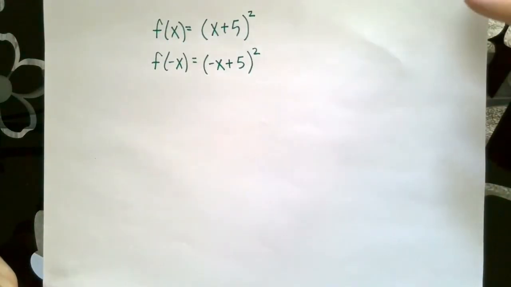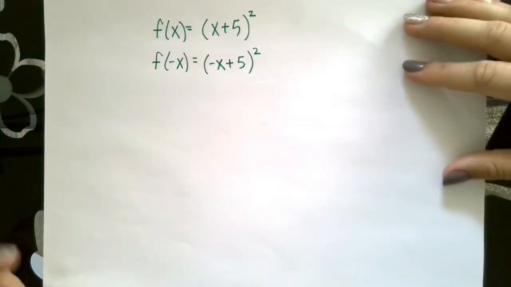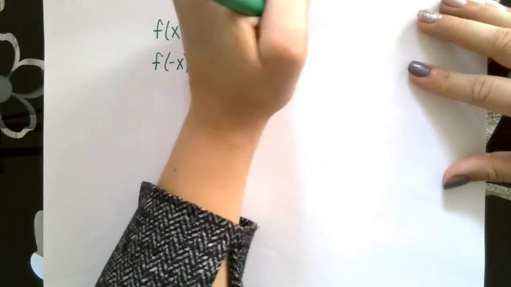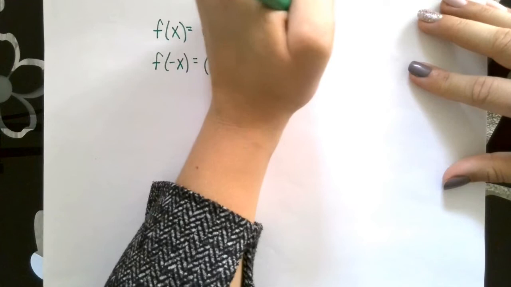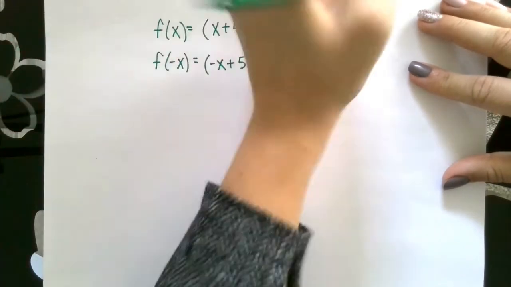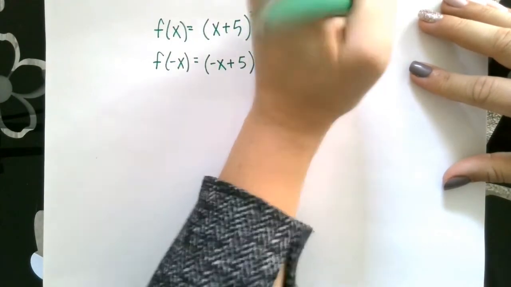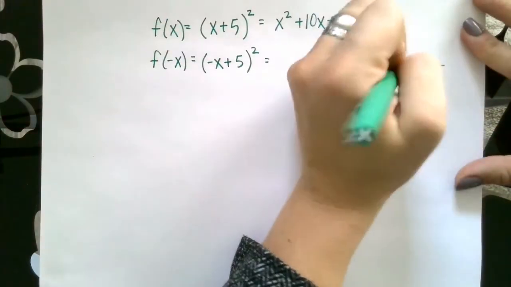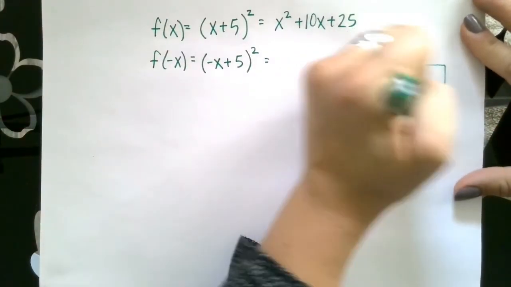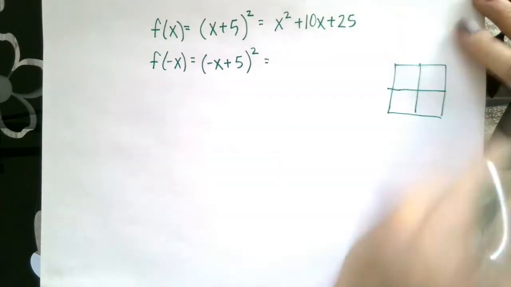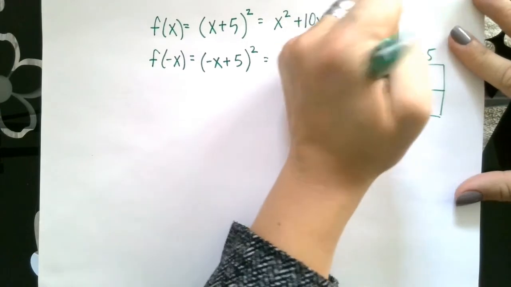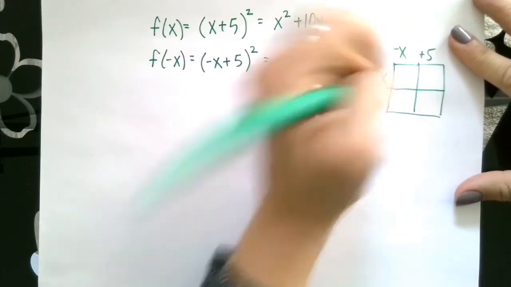I'm going to do a quick box to multiply this out and see what I'm working with. So if I multiply this one out, I'm going to end up with x squared plus 10x plus 25. And then I'm going to do a box for this one to make sure I don't miss anything. So I have negative x plus 5 times negative x plus 5.